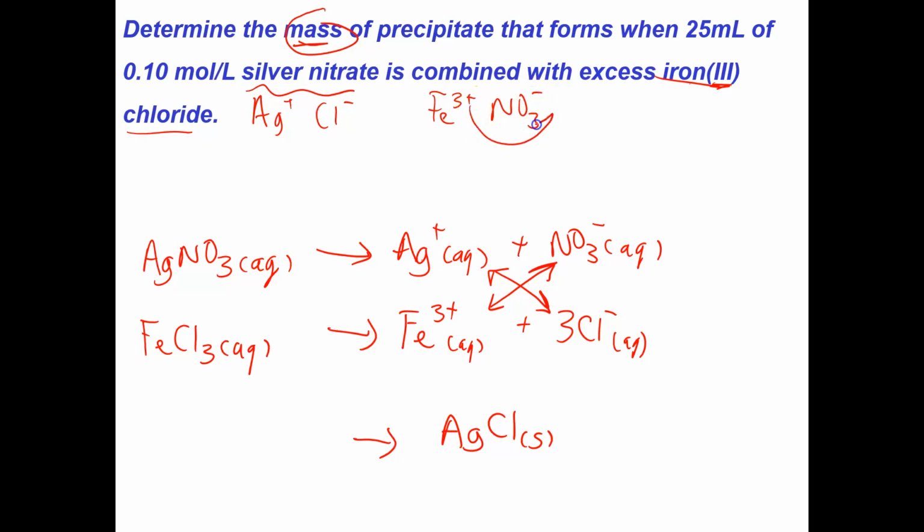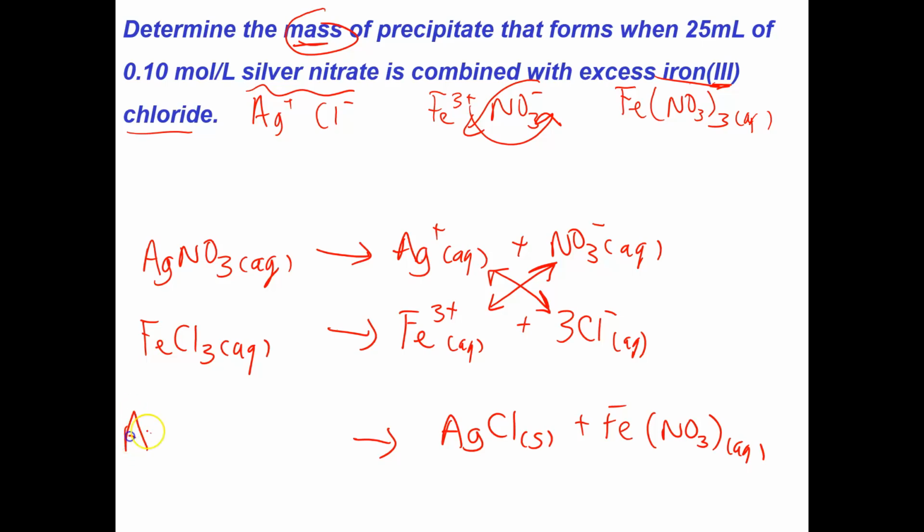And again, we have to use crossover to get their ratio there because they don't have equal and opposite charges. So we need 3 nitrates to balance out the charge on the iron. And that's going to form an aqueous solution, isn't it? Okay. So there are our products.